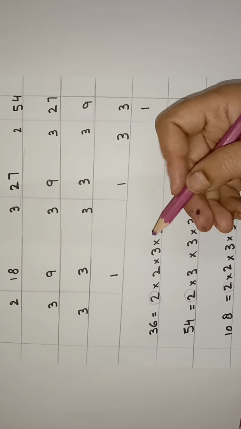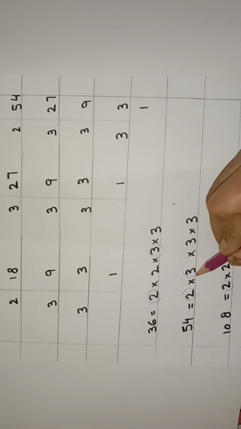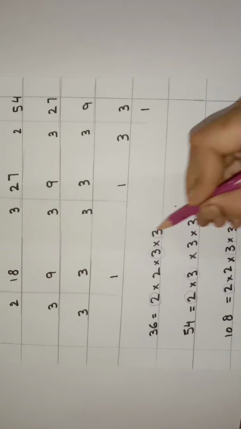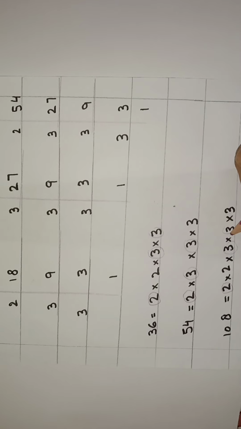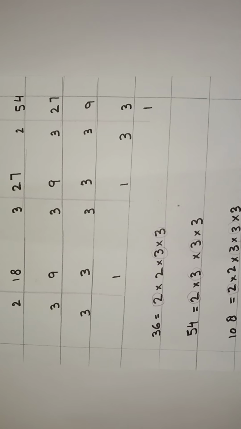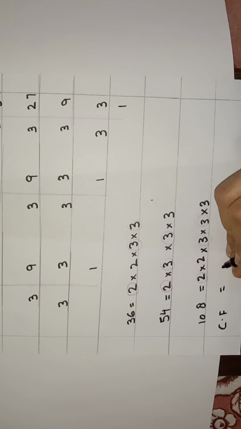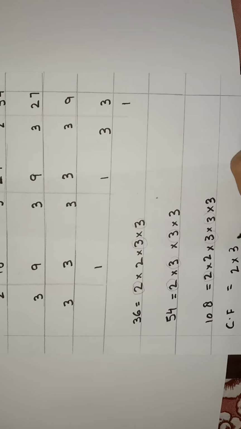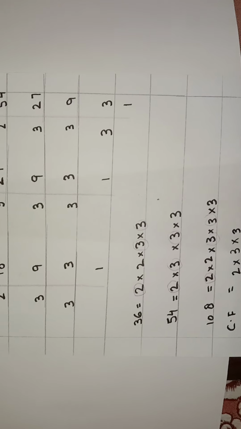Then 3 is common. Again 3 is common. So the common factors are 2 into 3 into 3.